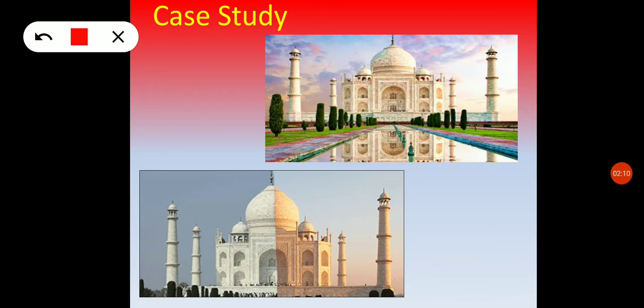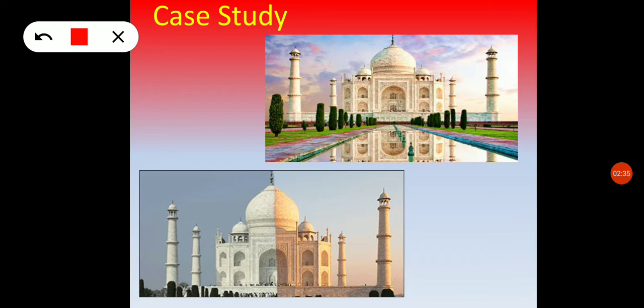So how has the Taj Mahal been polluted? Beside the Taj Mahal, various industries are located, like rubber processing industries, automobile, and chemical industries. Particularly, the Mathura oil refinery is located there.